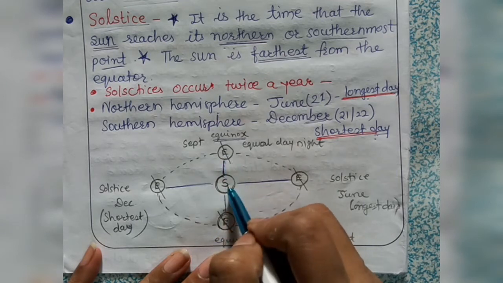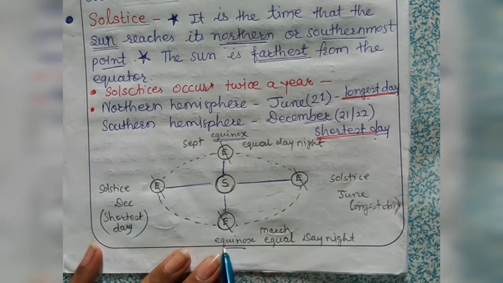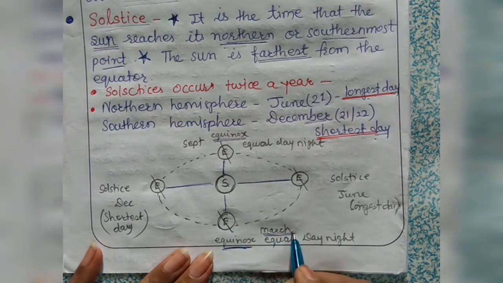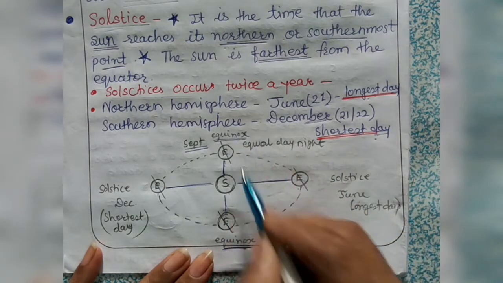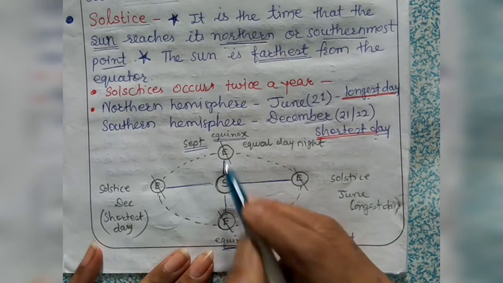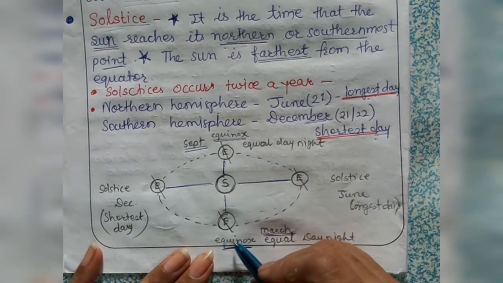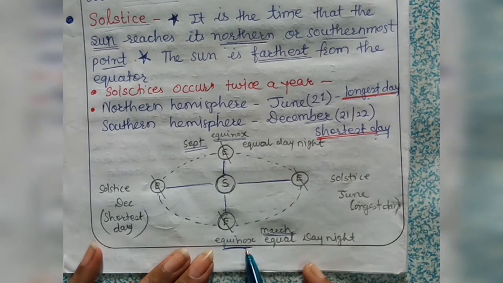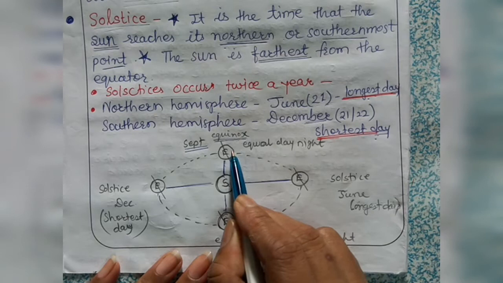The same holds on this equinox also, in the month of March, and here it is the month of September. So here equal days and nights are there on both these equinoxes. So this is the position of the earth at the time of equinox.